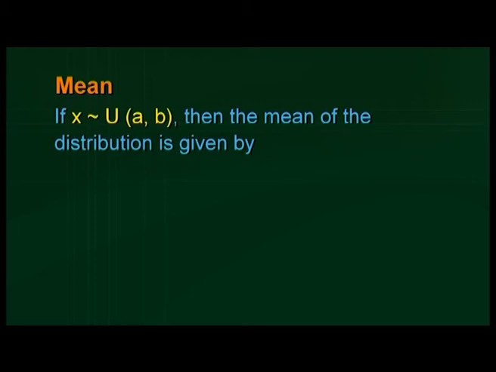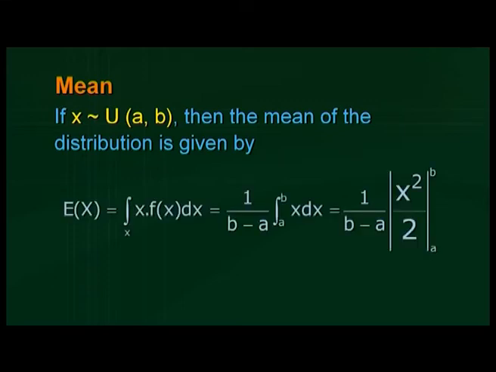Now let us find mean of the distribution. If x follows uniform a, b, then the mean of the distribution is given by expectation of x is equal to integral over x into f of x dx. This is equal to 1 divided by b minus a into integral from a to b x into dx.